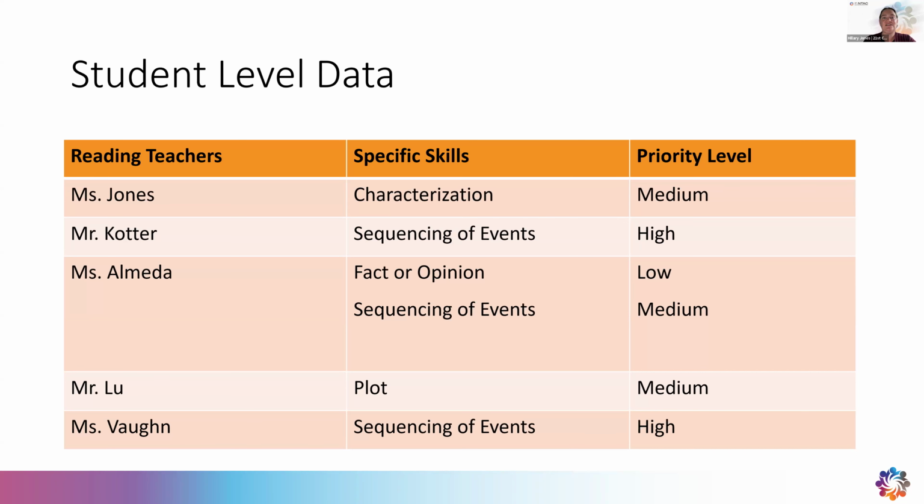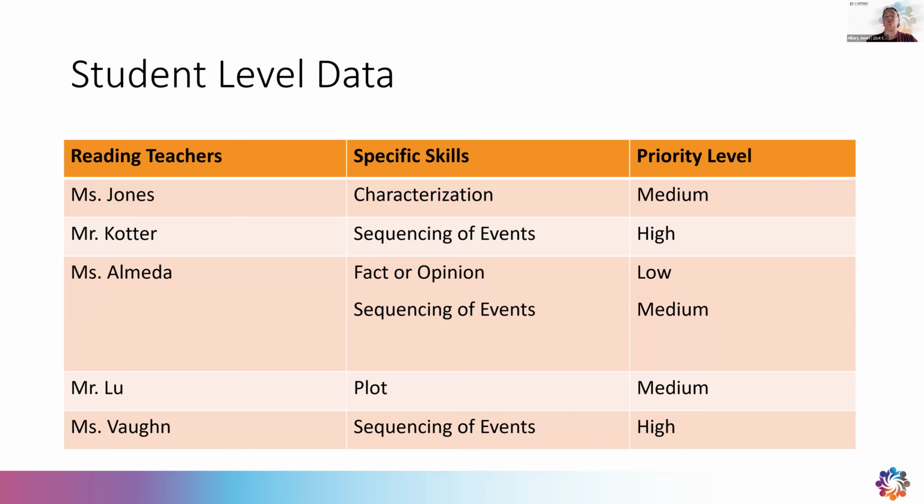They're going to know this is the thing because they're looking at that progress monitoring. They're looking at those things. And so we asked these teachers, they listed a variety of things from characterization to sequencing of events to fact or opinion or plot, right? You see these things. And they also were asked to rank them on a priority level. Like, what are your low, medium, high priorities for your students?